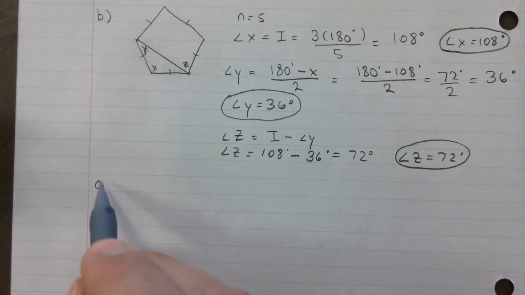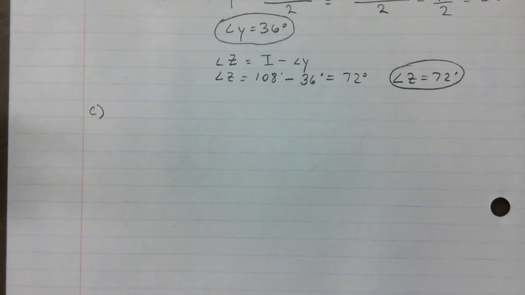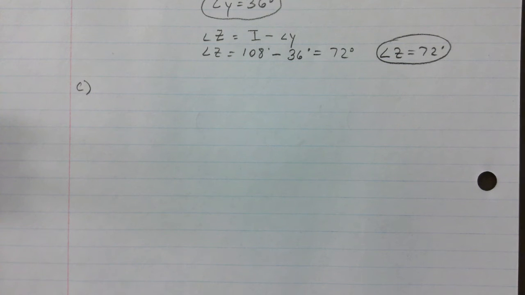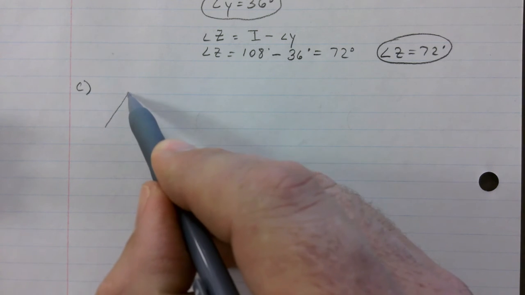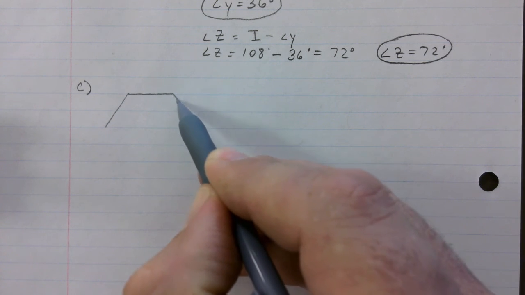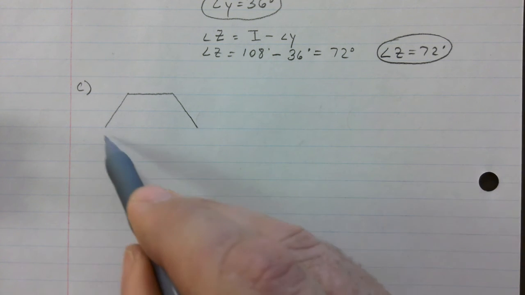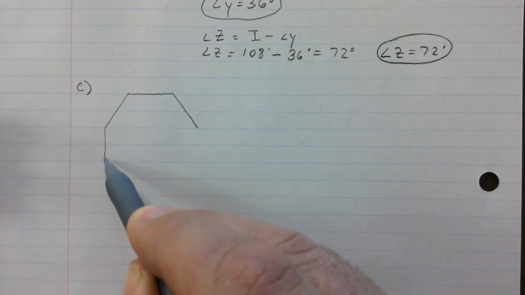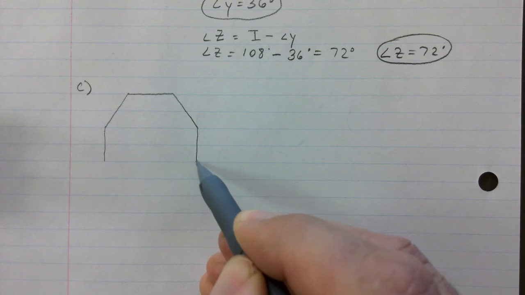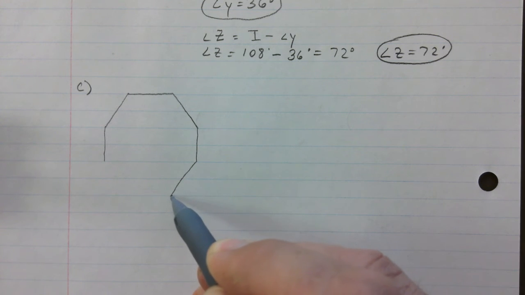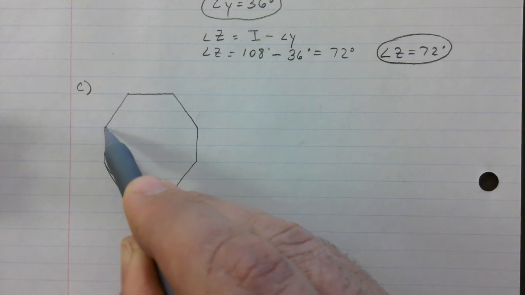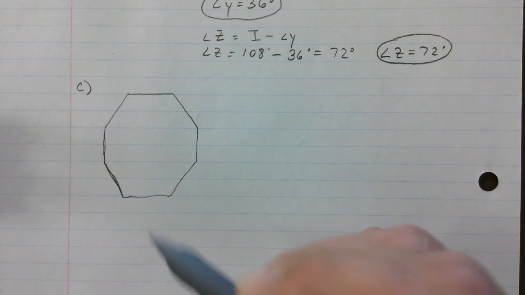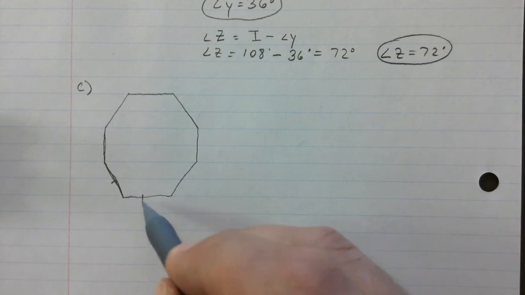All right, C. Oh boy, octagon. So that's a stop sign, right? So I'm going to go like this. I'm going to start with a trapezoid, then I'm going to go straight down and draw my trapezoid the other way, a copy of the top.